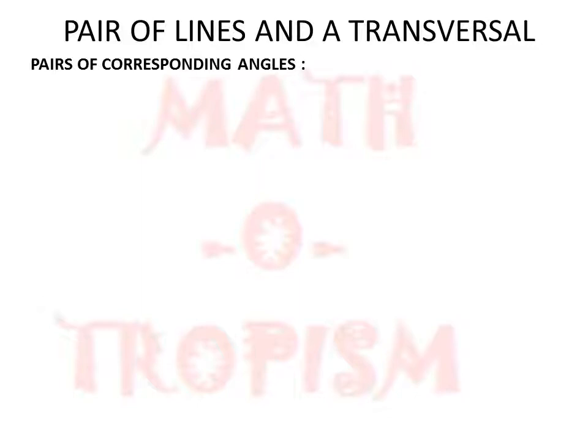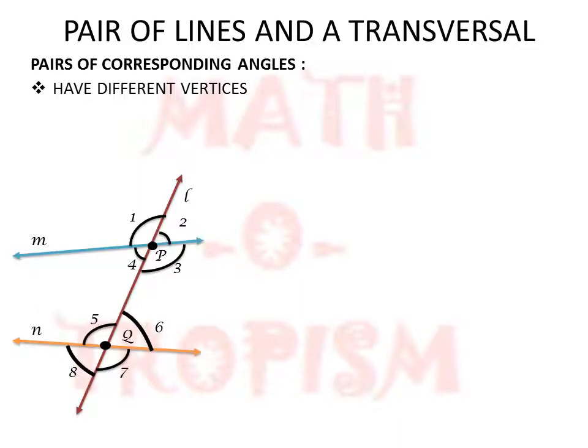For the pairs of corresponding angles, one thing we must remember is they have different vertices. So one angle from the intersecting point of M and L will be considered, and the other from N and L, since different vertices means the angles around P and Q are going to be corresponding angles.